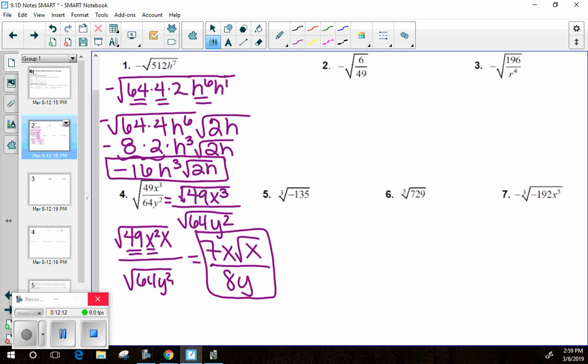So let's look at number 5, for example. Number 5 has that little index of 3 in the top left corner. That tells us that's a cube root. So all of a sudden, our target list changes. We're looking to see, are there any perfect cubes that go into 135, or even if 135 might be a cube, right? Those are the things we're looking for.